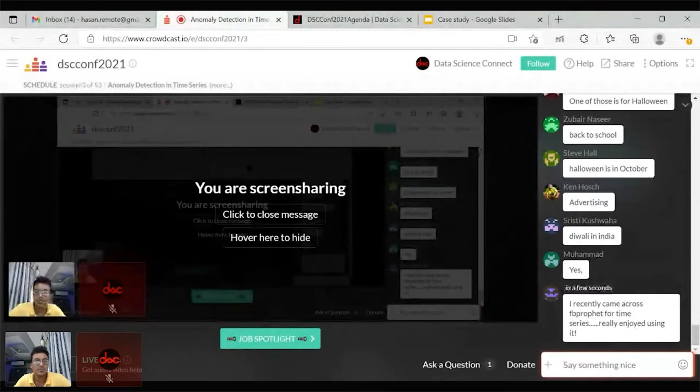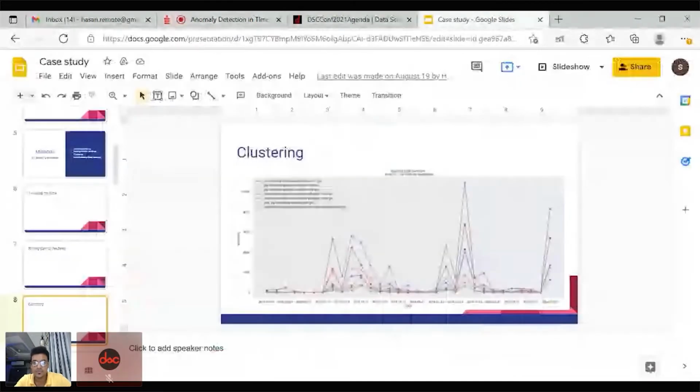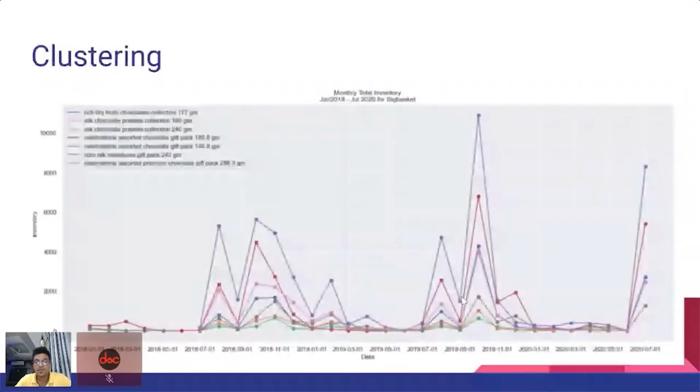Great. So what do you think about clustering as a method? What I was trying to tell you is that when we have a very high correlation and all the points move very closely to each other in a very similar manner, we cannot say that there are anomalies, right?